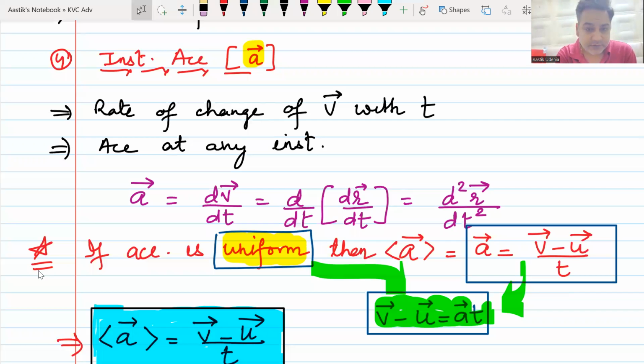Now, before going ahead, let us deal with a problem. Remember, what we have done till now is not restricted to 1D motion. We have done the definition of accelerations and velocities, which are valid in all dimensions, right? These are definitions.